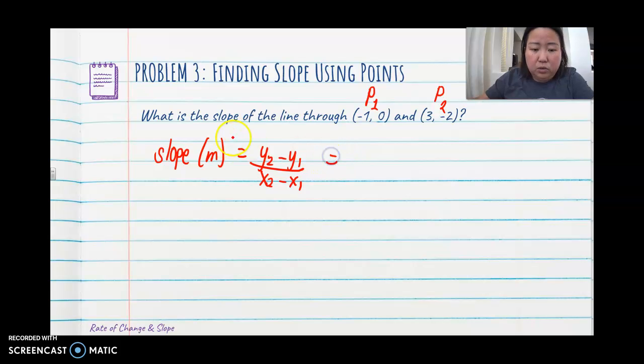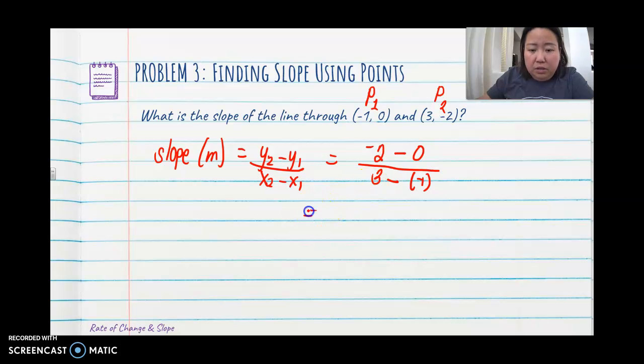So if we replace those values, y of the second point is -2, minus the y of the first point, which is 0, all over x2, which is 3, minus our x1, which is -1. Now remember, this is a minus sign, so you have a -1 as your x1, so you just put a parenthesis on it so you don't get confused, okay?